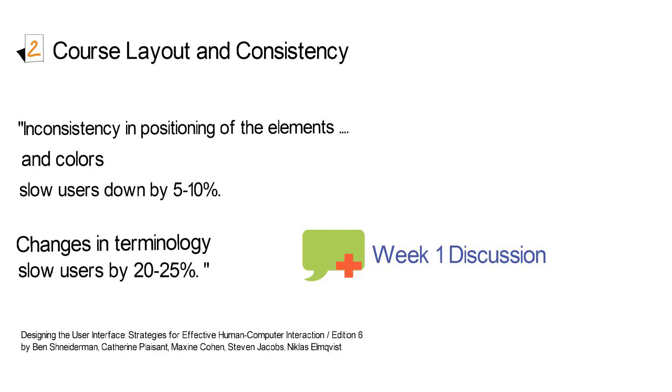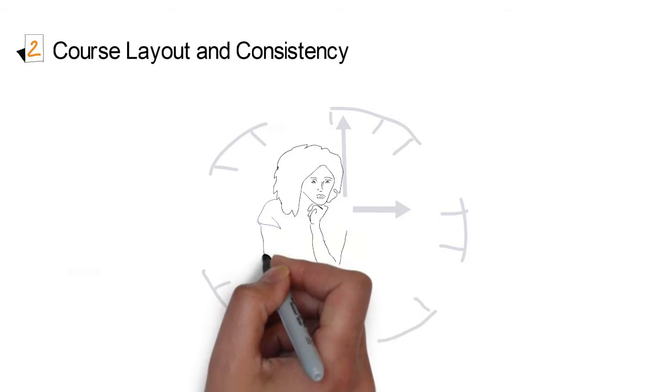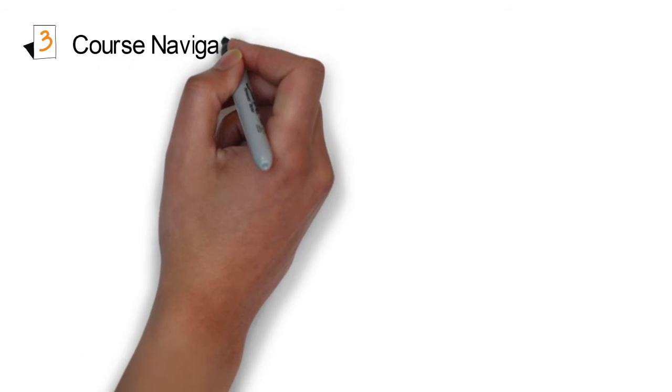So if you call Assignment 1 Week 1 in the syllabus, use the same name throughout the course and use the same naming convention for the rest of the assignments. If you avoid inconsistency, students will have more time for interacting with course content rather than wasting time on navigating the LMS.